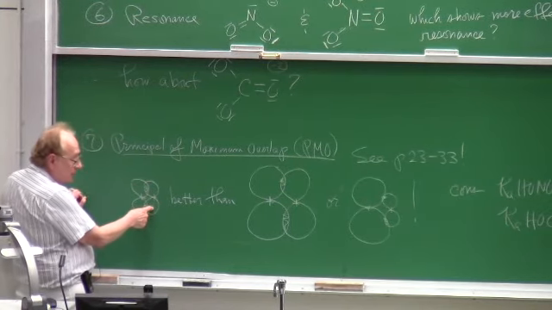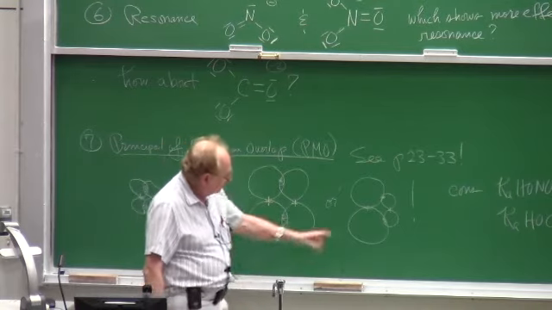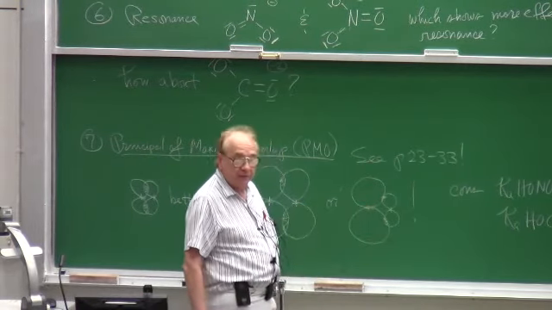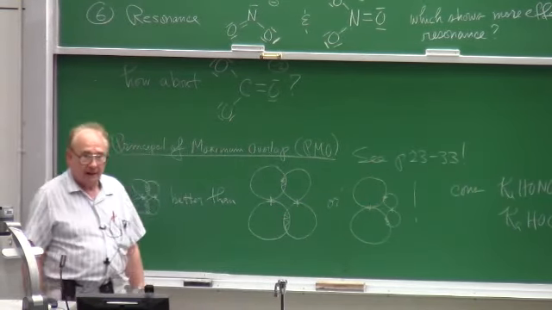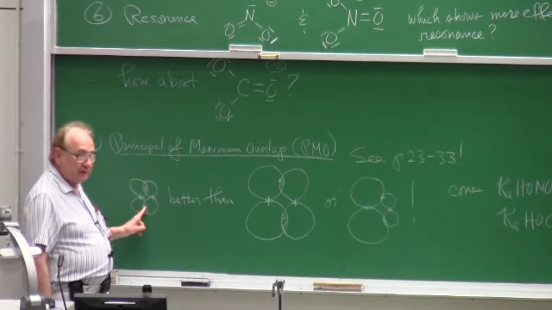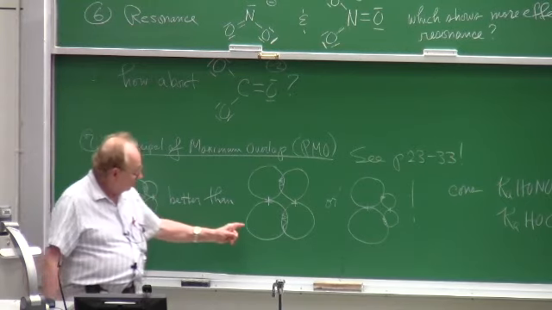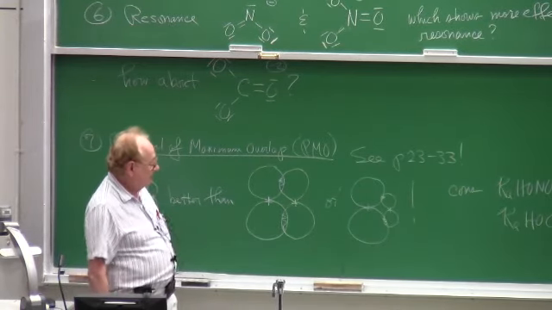The empty parts are the unoverlap regions. Here's the overlap regions. The empty parts, the unoverlap regions. Here, overlap regions. The empty parts, the unoverlap regions. At a glance, I think you'll recognize here the percent overlap region of the whole region is greater than it is here or here. Stronger bond.